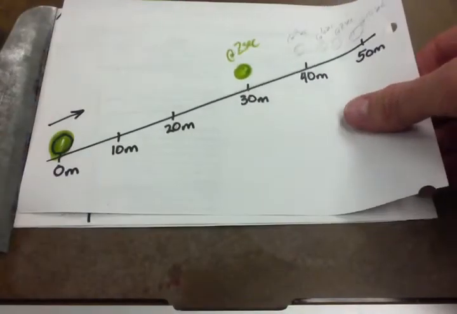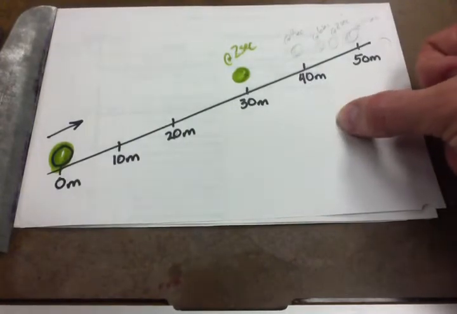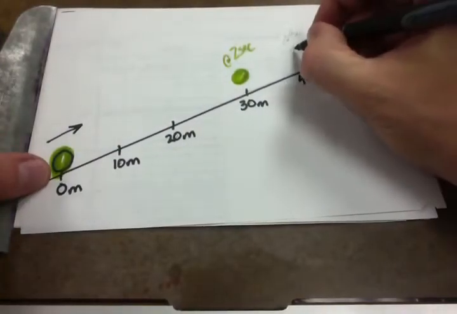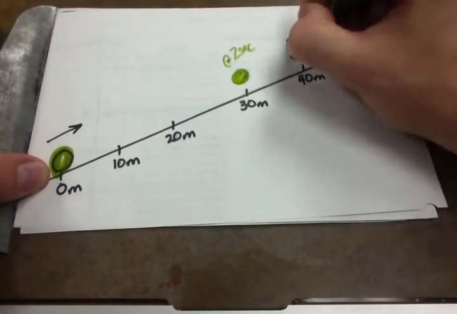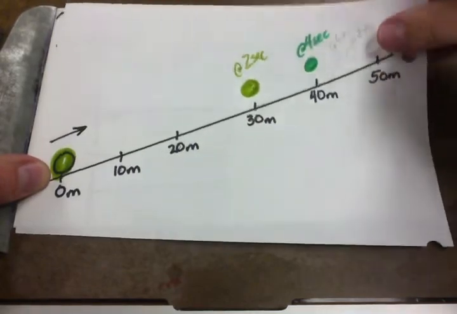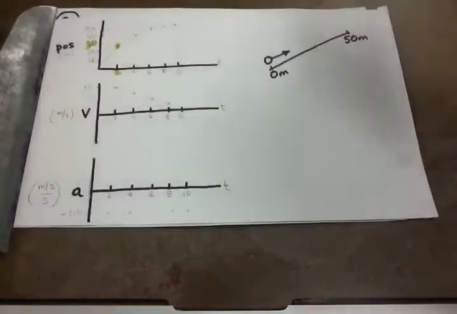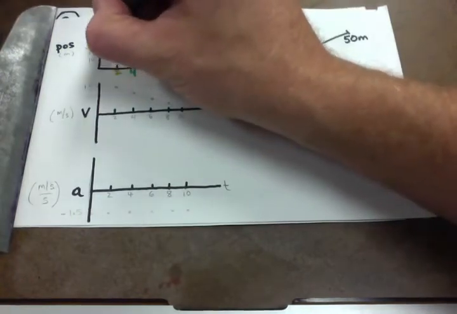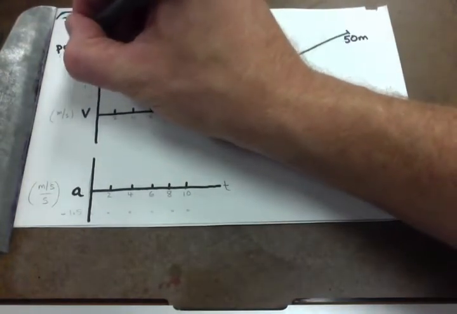Okay, now it's going to start to slow down. As it starts to slow down, it's not going to go as far. So let's say that's about a couple seconds later. So I'll put that mark on my graph. Here at 4 seconds, it's close to 40 meters away.